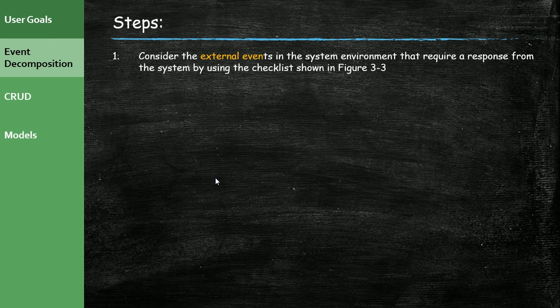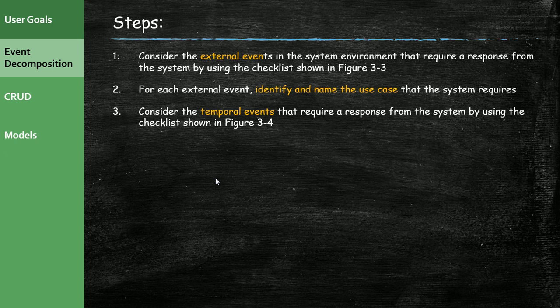In Figure 3-3, they have a little checklist that you can use to consider the external events that require a response from the system. So these are basically identifying all the things that people are going to do with our system. For each external event, identify and name the use case. And remember, we're going to use that verb-noun phrasing for each name.